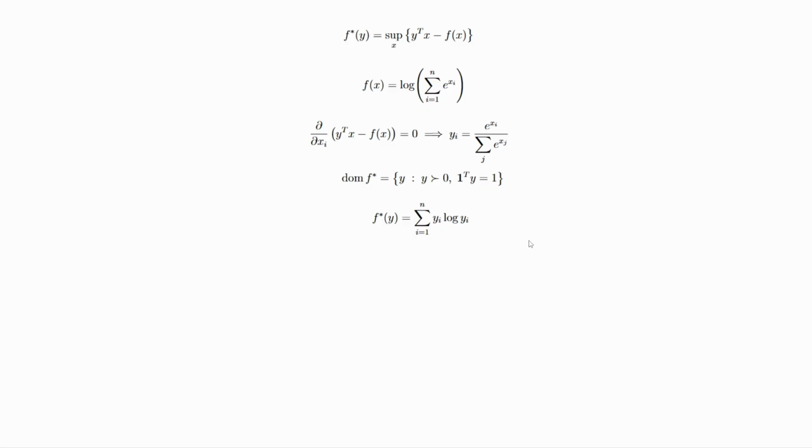And when we plug the optimal x back into the expression and simplify, we get the final expression that f star of y is the negative entropy of y, right? So the conjugate of a log-sum-exp is a negative entropy on the simplex.